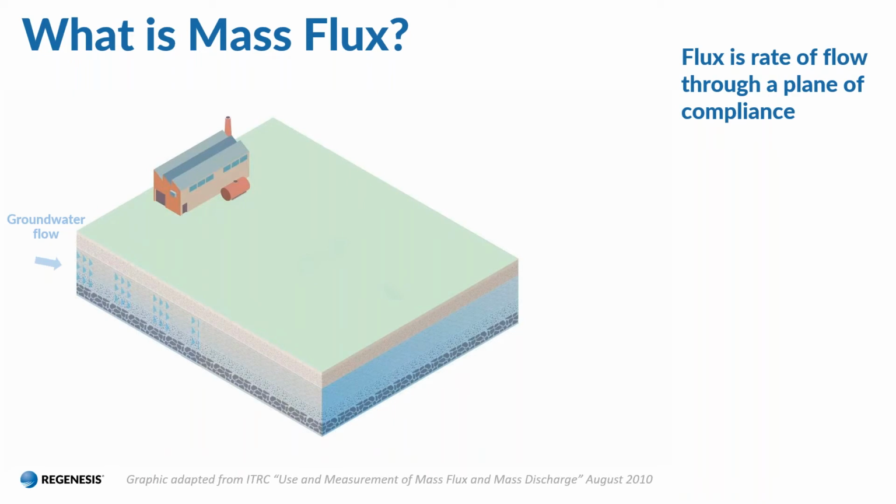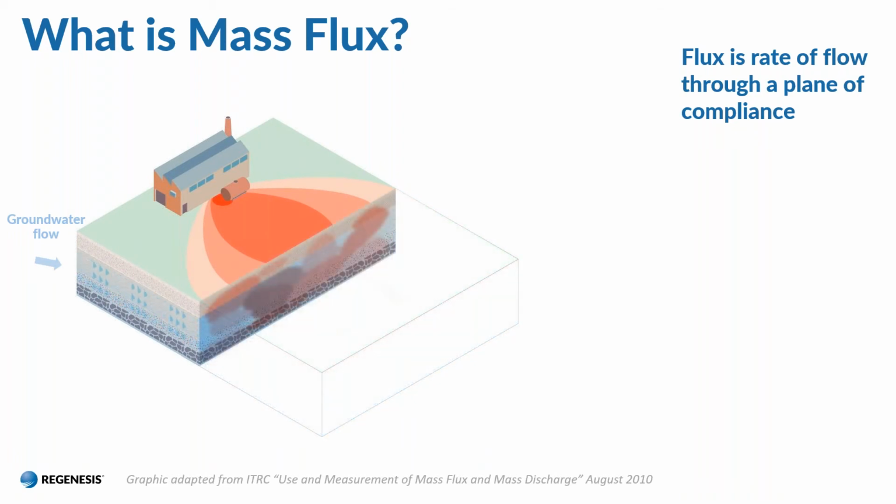We're going to define flux as the rate of flow through some plane of compliance, which we'll see here. If we look at our site, we've got our groundwater plume as our groundwater is moving through the area of our source zone where we've got contamination.